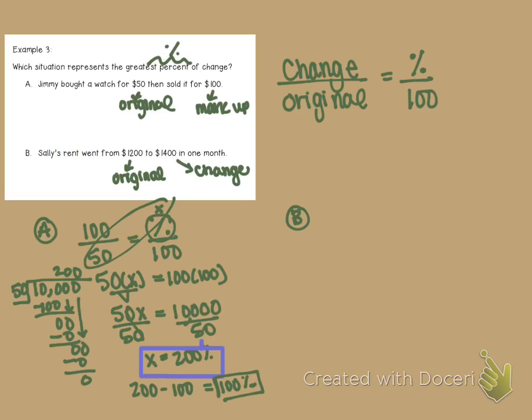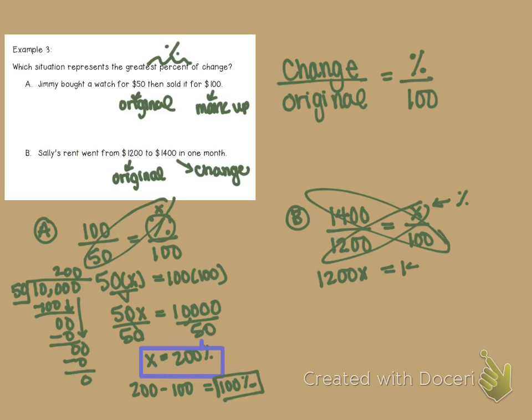And then so for the second proportion, you should have gotten your change, which is 1,400, over your original, which is 1,200, equals x over 100. Again, x is your percent. So if we cross multiply, we get 1,200x equals 1,400 times 100. 1,200x is 1,200x, which equals 140,000.